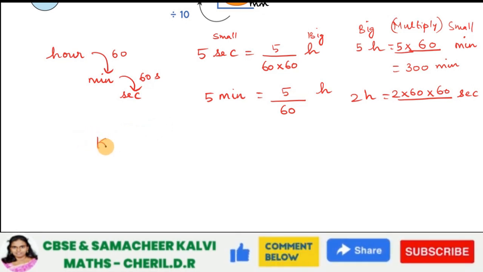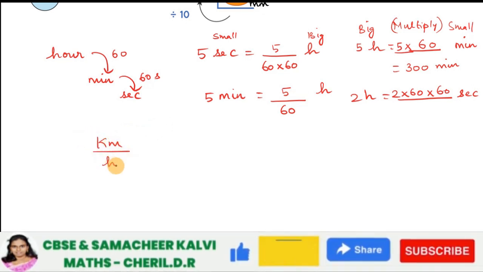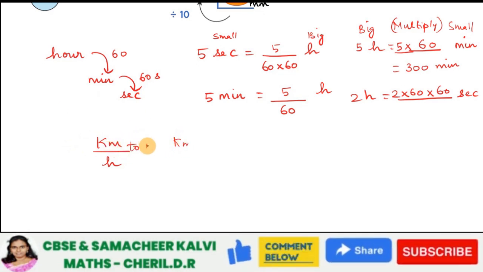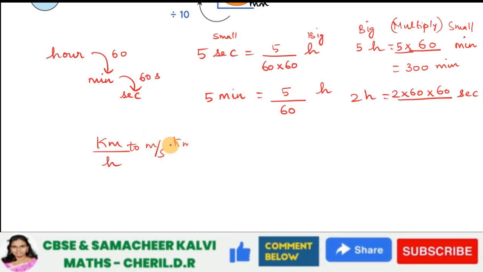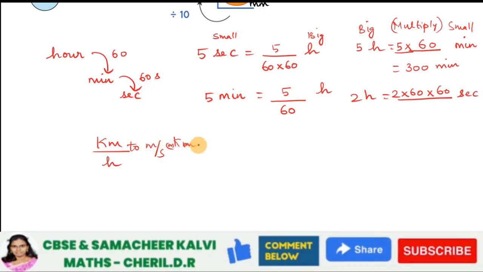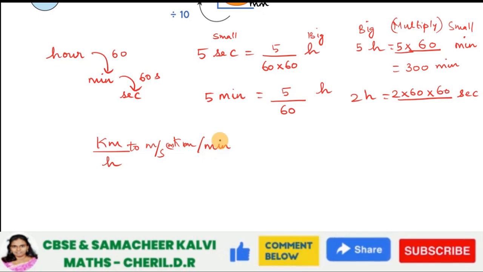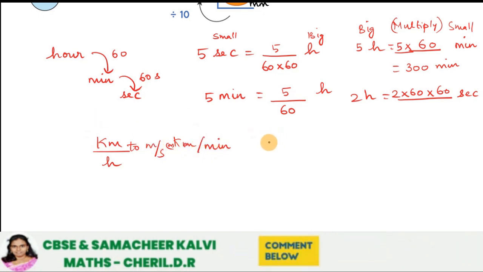Similarly, if you have kilometer per hour, okay, you should first know what is kilometer in terms of meter per second, or you have kilometer per minute. In that case, first convert the numerator.